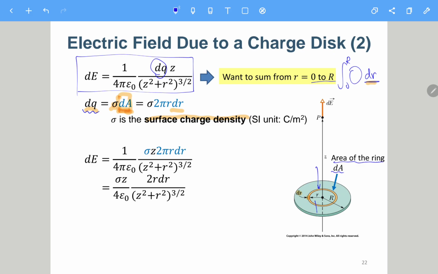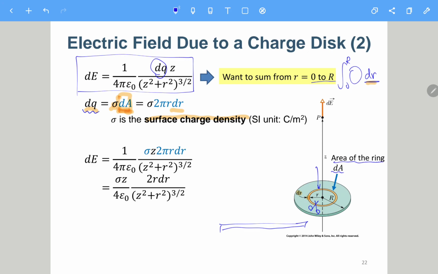We can try to cut this ring out, and then expand it to be a rectangle. It looks hard to imagine, because it is a ring and after expanding it, it shouldn't be a rectangle. But as long as it is small enough, you can imagine this is a rectangle.